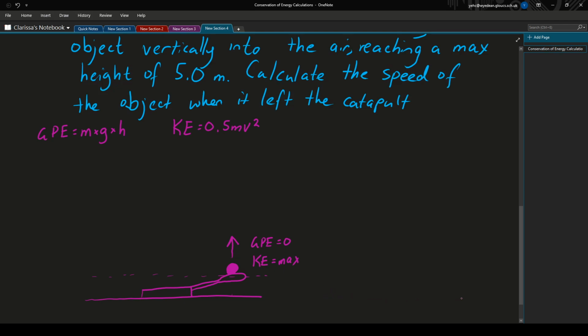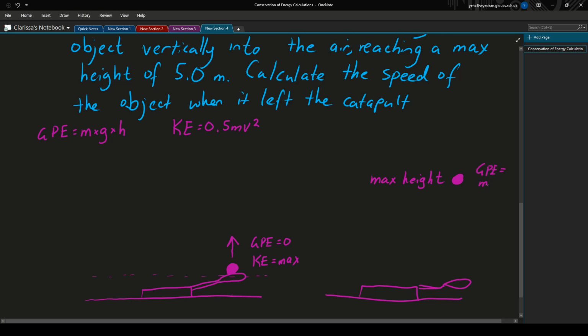Now, let's draw it like a second later. So there's still my catapult there. Now let's say the ball is by here, at its maximum height. If it's at its maximum height, its gravitational potential energy is going to be at its maximum point, because the mass isn't going to change.